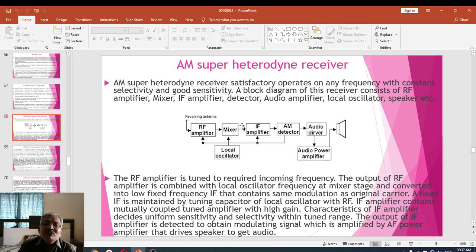After beating these two frequencies, at the output of the mixer, 4 frequencies are going to be produced. One, signal frequency as it is, local oscillator frequency as it is, sum of both frequencies and also the difference of both frequencies.